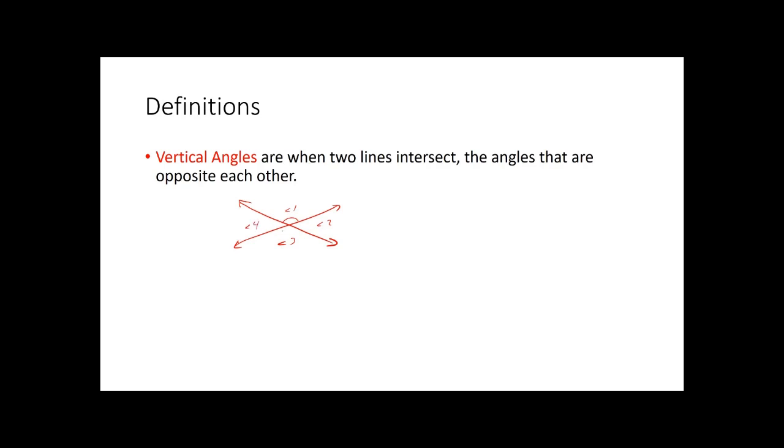Let's say angle 1 is the vertical angle of angle 3. Basically, they're just right across from each other, and that's something to take note. Another pair of vertical angles would be angle 2 to angle 4. That's what they're talking about in the sense of the definition. It's basically the angle right across the intersection.